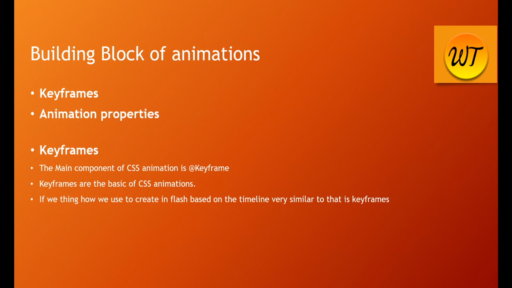With the help of keyframes, we bind the animation to a selector. In the days of Flash, when we were doing animations, we had something called a timeline. Keyframes are very similar to that.